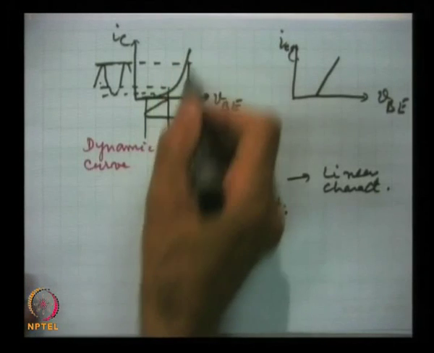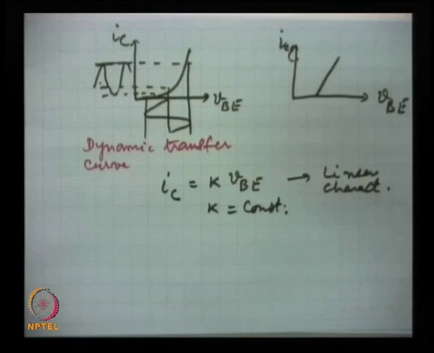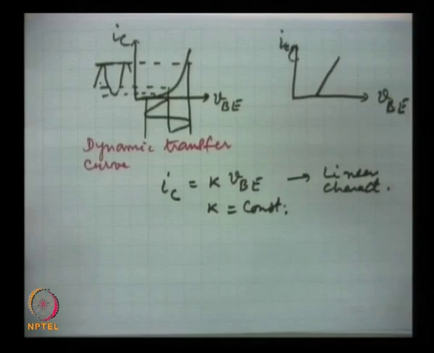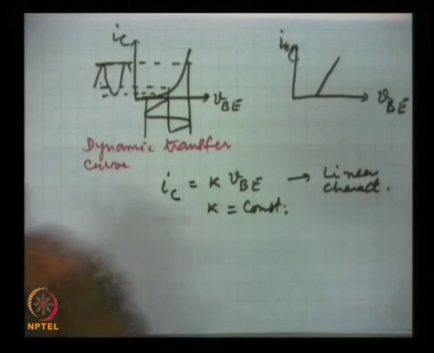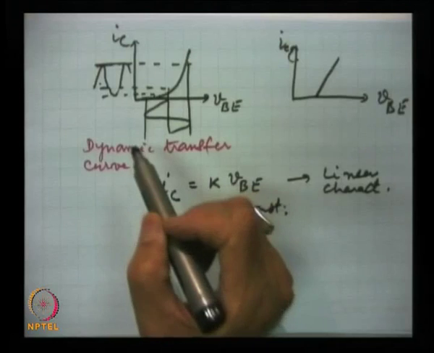But our curve is like this, and we can approximate it for the simple analysis. We can take it as parabolic across the operating point.